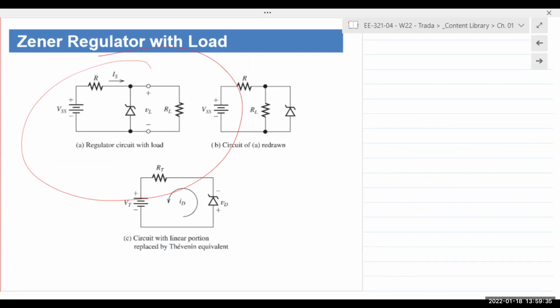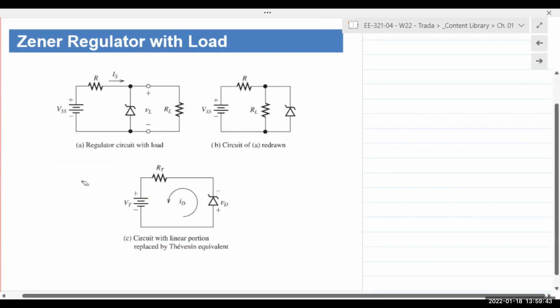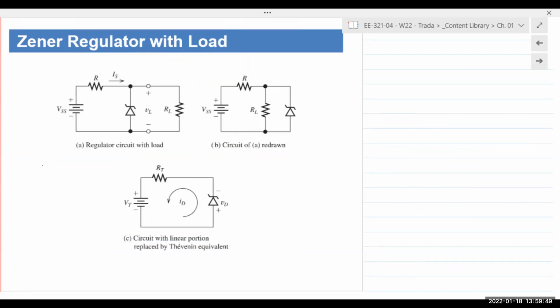We won't go too deep into it, but we look at the operating range and how we can find the operating point for a Zener diode with a load. But I am already at 1:59. There's not enough time to go through the circuit. We'll look at this circuit tomorrow.